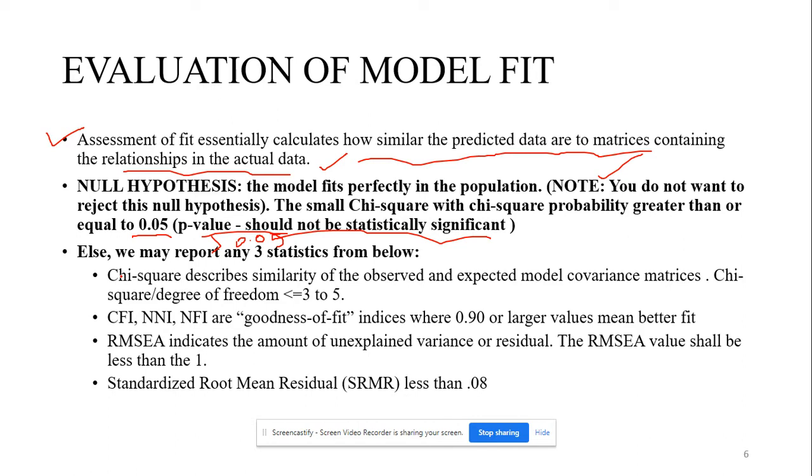The first metric we normally report is chi-square, which describes the similarity of the observed and expected model covariance matrices. Basically it tells us whether what is observed and what is expected in the model are similar or not. Another thing is the ratio of chi-square to degrees of freedom.